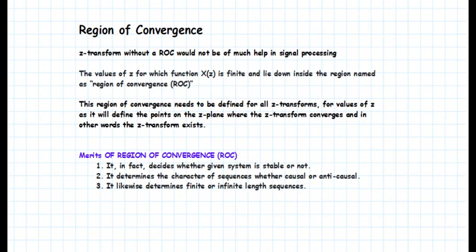So all this analysis can be done by just observing the ROC. ROC is a very important tool whenever we are analyzing signals using Z transform. So remember that whenever you find the Z transform of any signal, you are expected to find the region of convergence accordingly.